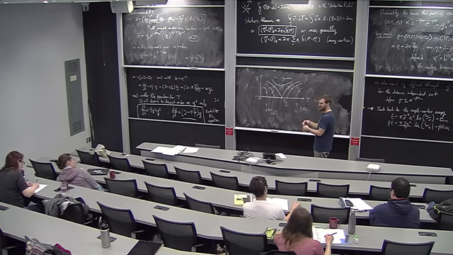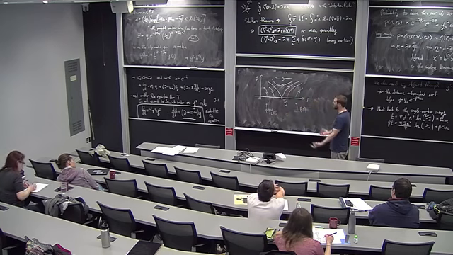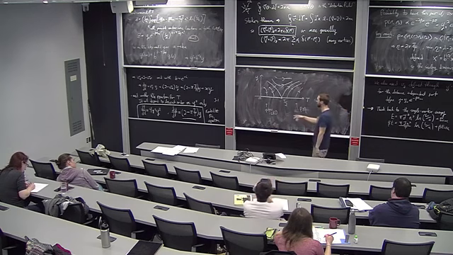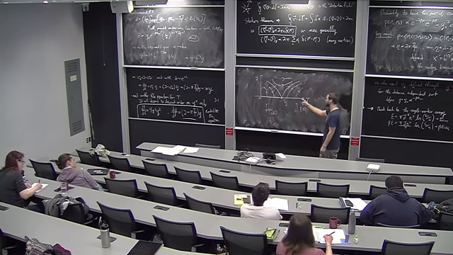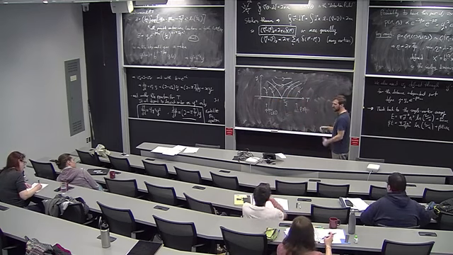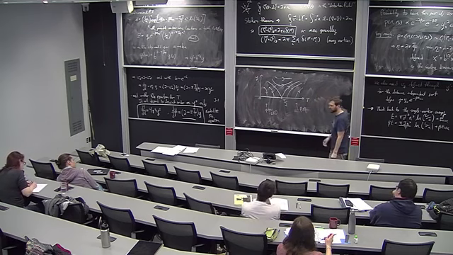So even though you can have some finite fugacity, a finite number of vortices here, you'll still flow to the quasi-long-range ordered phase. But if you start introducing vortices above T_KT, then you'll flow to some paramagnetic trivial fixed point way up here.